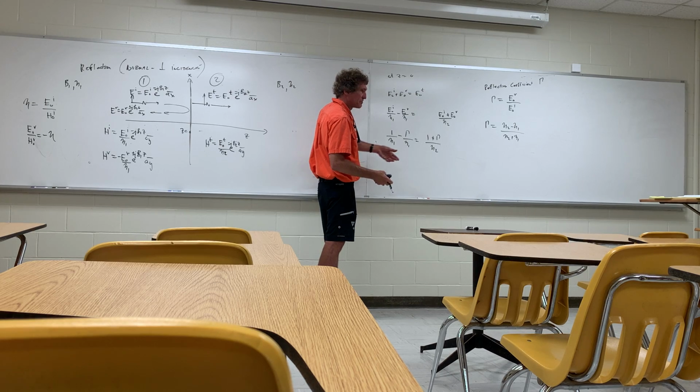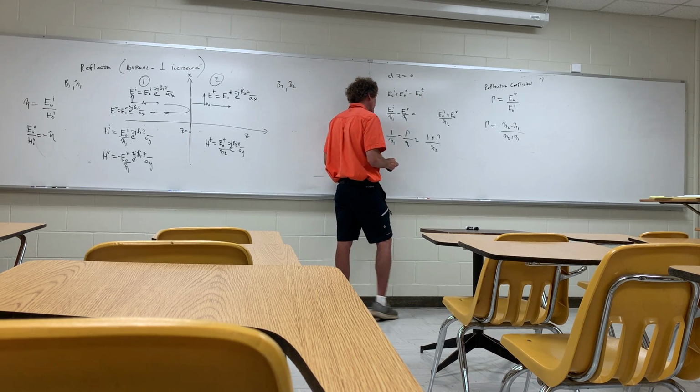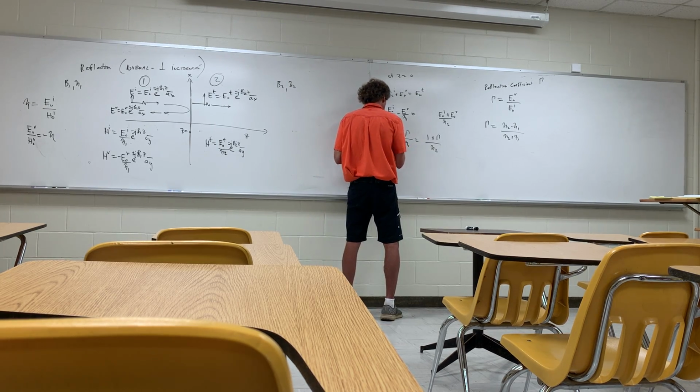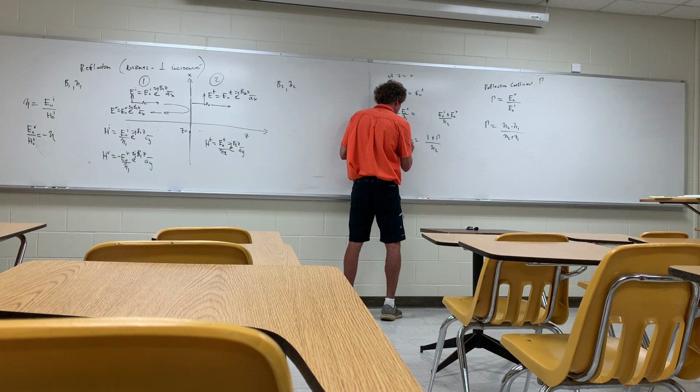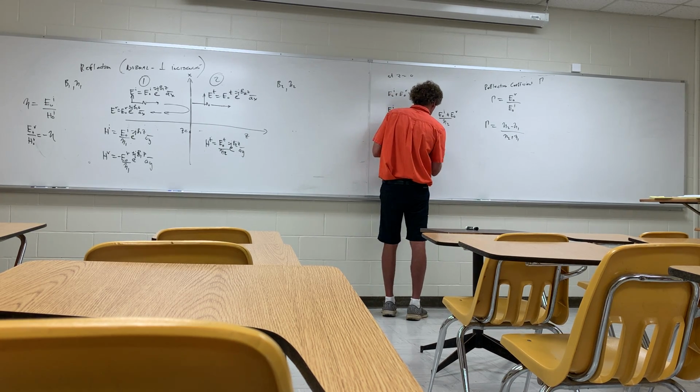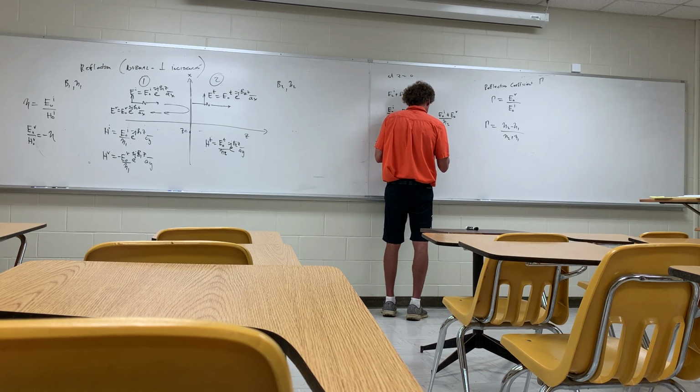If you multiply by eta 2 eta 1, this becomes eta 2 here, this becomes eta 2 times that, this becomes eta 1 plus eta 1 times the reflection coefficient.